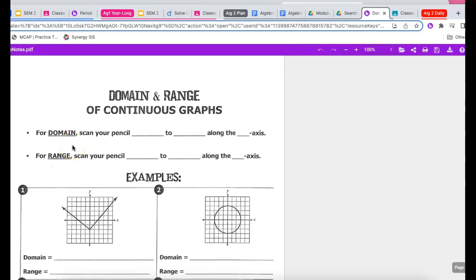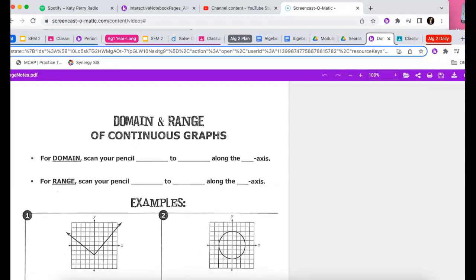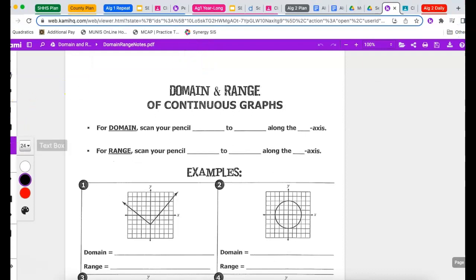Okay, so to find the domain, we're going to scan our pencil from left to right along the x-axis.